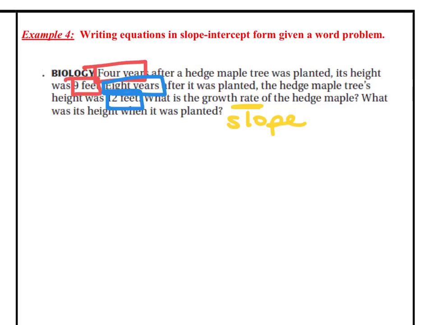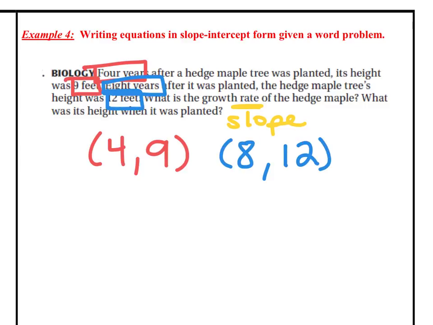We're going to take those 2 pairs of numbers and write 2 points. So the first point would be, if I input 4 years, then I'm going to get out 9 feet. Input, output. The next point, if I input 8 years, I get out 12 feet.